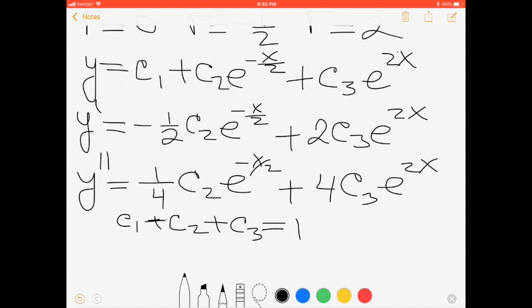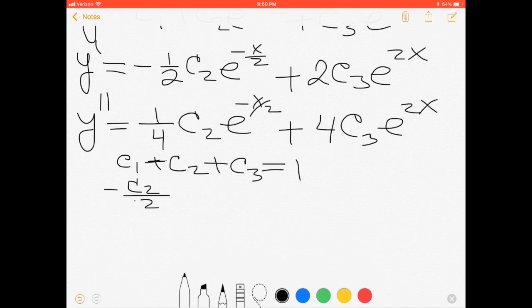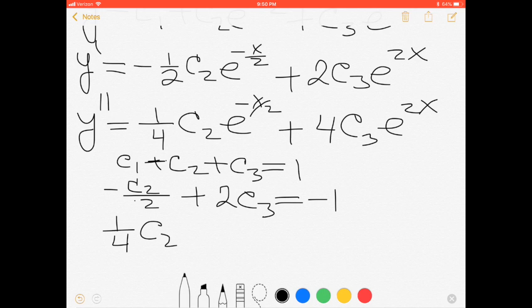For the derivative, you have negative 1/2 c2 plus twice c3, and this needs to equal negative 1. And for the second derivative, you have 1/4 c2 plus 4 c3, and this needs to equal 3.